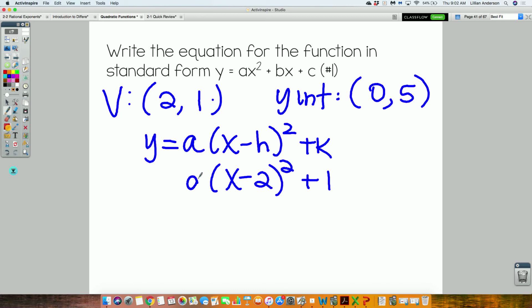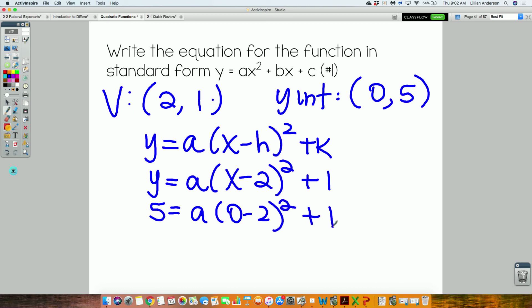I still don't know my value of a to write my equation. But I do have a y-intercept. Plug that in for what, Garrett? 5 for y and 0 for x. So I can take that 5, plug it in for y, take that 0, plug it into x, and then I can use that to help me figure out the value of a.